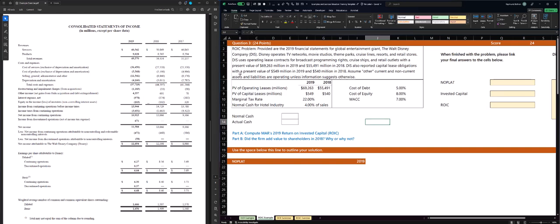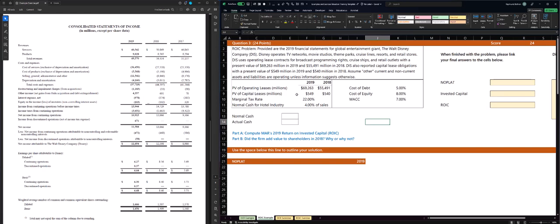Disney uses operating lease contracts for broadcasting programming rights, cruise ships, and retail outlets with the present value of 69 billion in 2019 and 55 billion in 2018. Disney also reported capital lease obligation with a present value of 449 million in 2019 and 540 million in 2018. Assume other current and non-current assets and liabilities are operating unless information suggests otherwise.